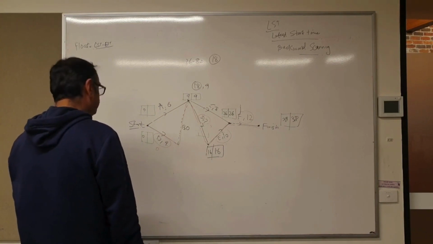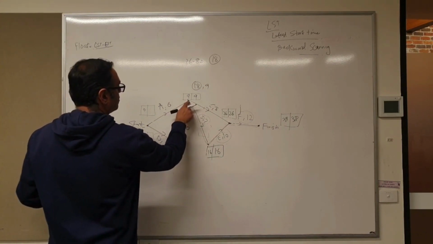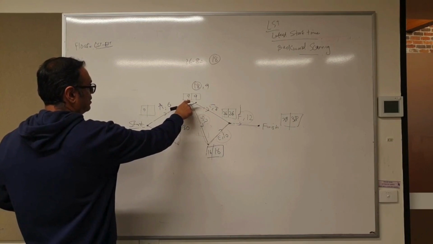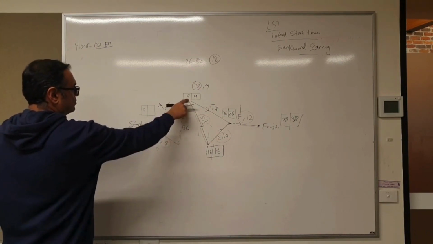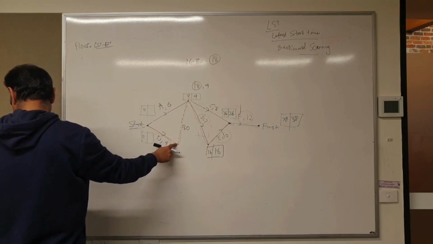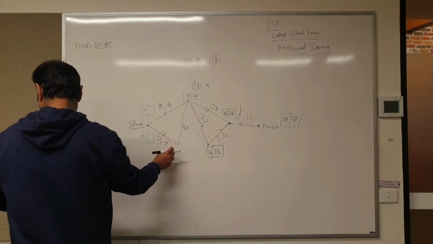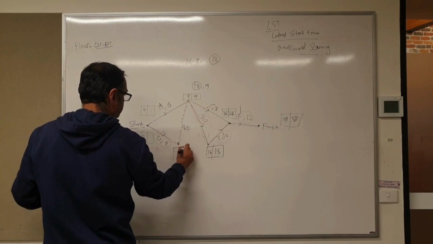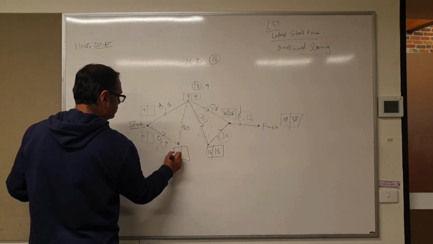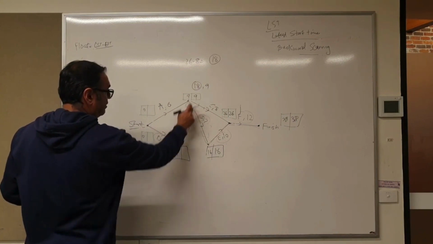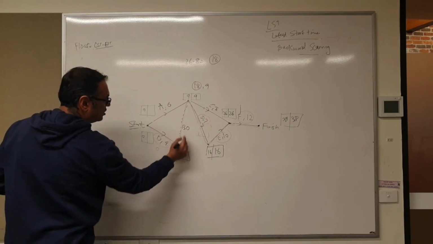And then from here, let's go here. From 9 minus 0 is 9.